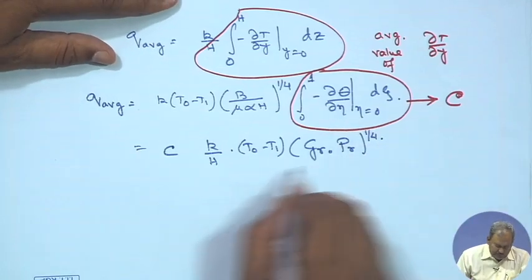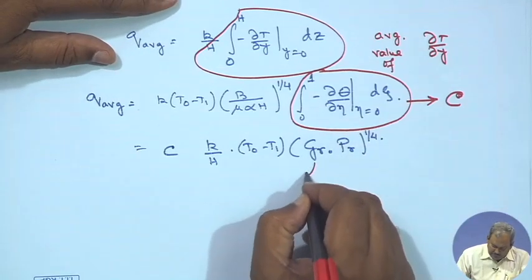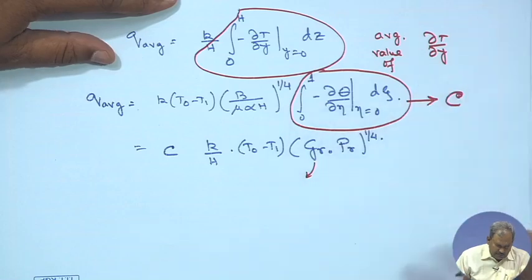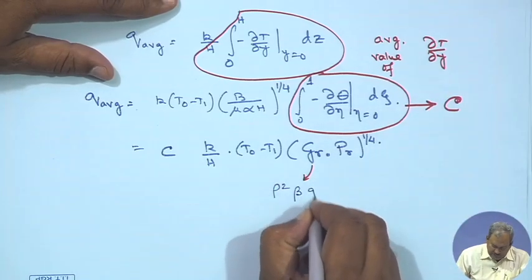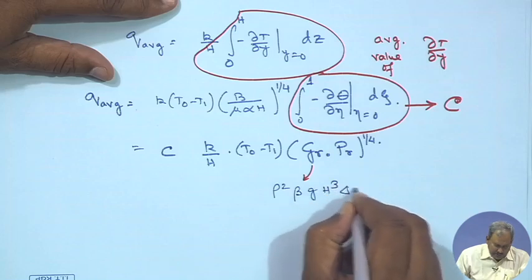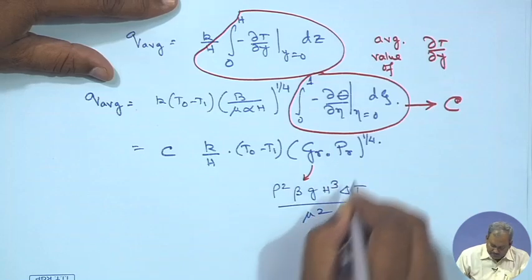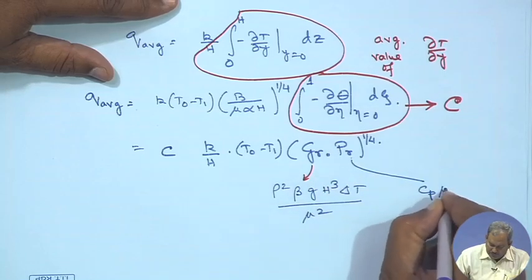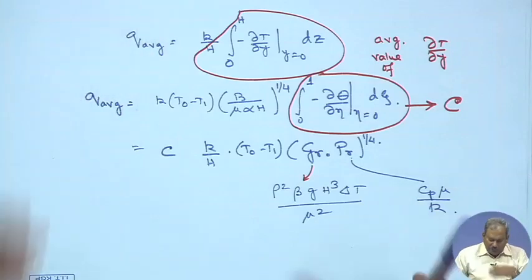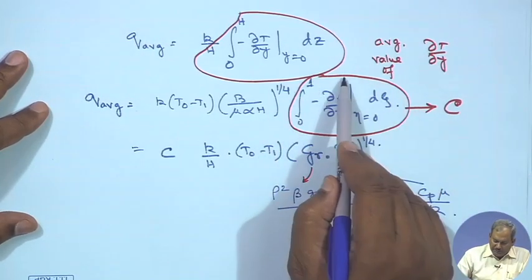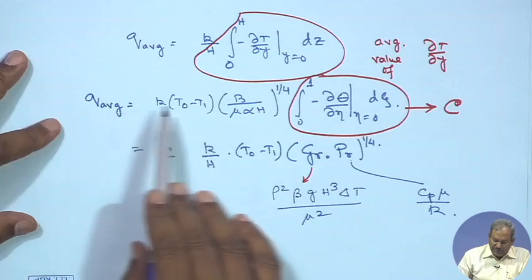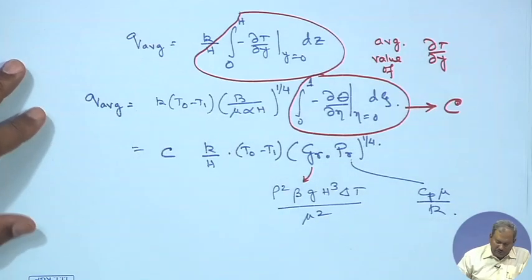So, what is Grashof number? Grashof number is defined as, which appears automatically, rho square beta g h cube delta T by mu square, and Prandtl number we know that it is Cp mu by k. So, what we have then is, if we could evaluate this, then we have an expression for the average heat lost from the solid surface.